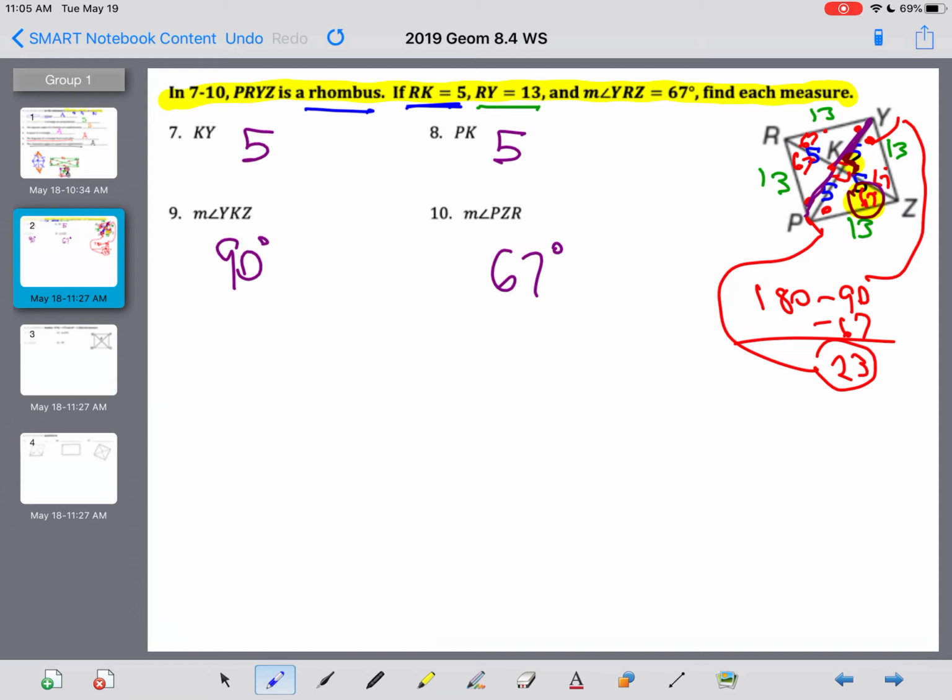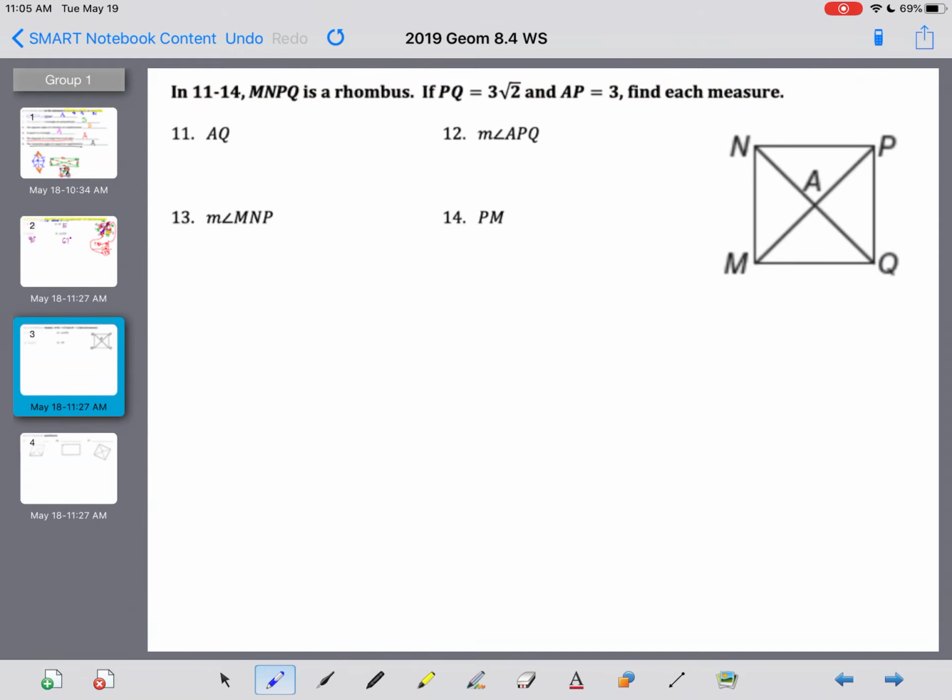Okay, moving on. Now rhombus. Again, this was a rhombus. Pretty popular here. So again, PQ is 3 root 2. AP is 3.